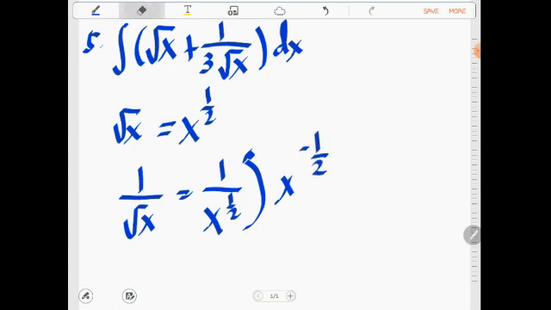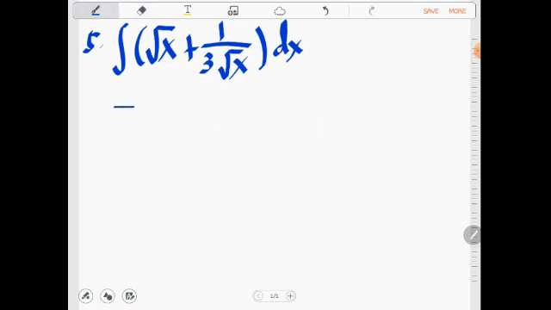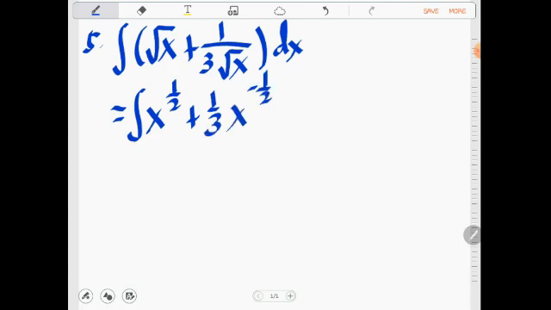Okay? So, pwede na natin siyang isubstitute sa ating problem. Rewrite lang muna natin. So, this would be equals to integral of x raised to 1/2 plus 1/3 x raised to negative 1/2. Okay? Yan yung pinakita ko kanina. Then, dx.